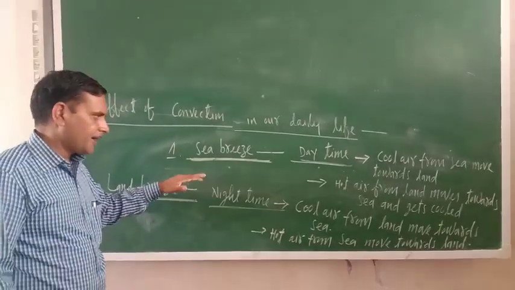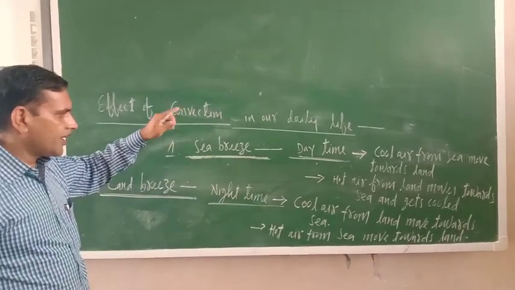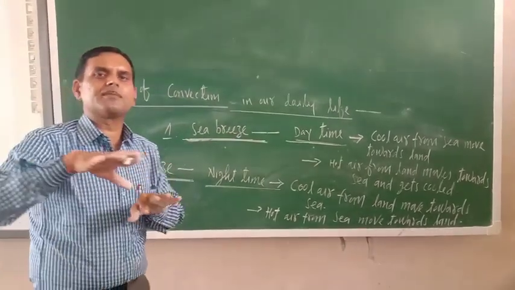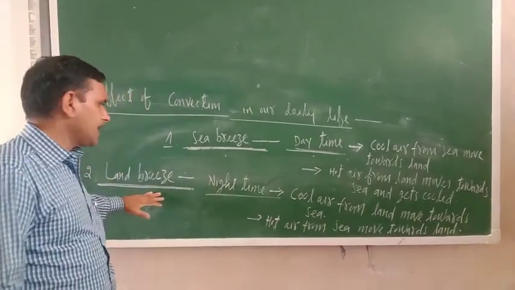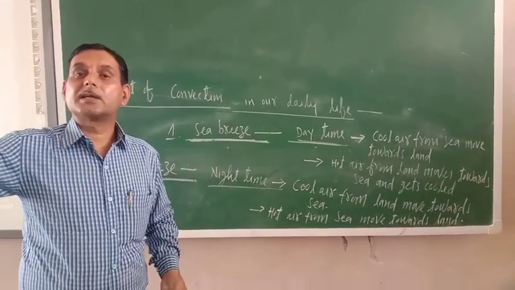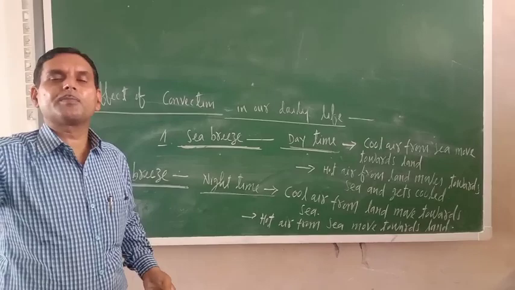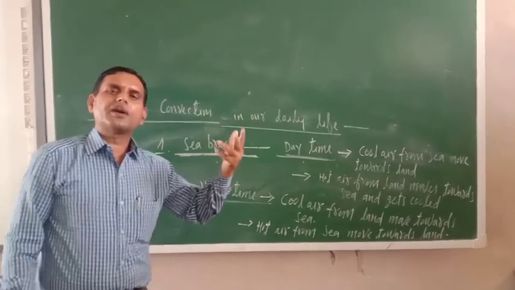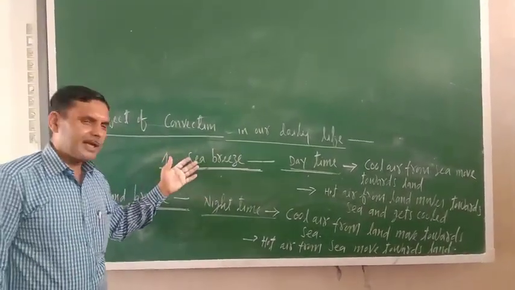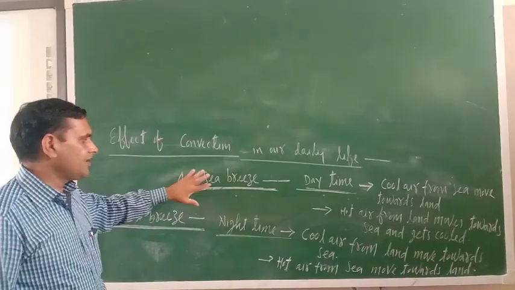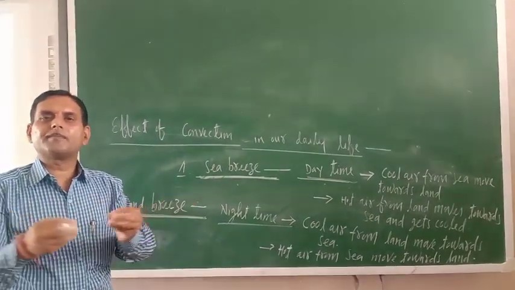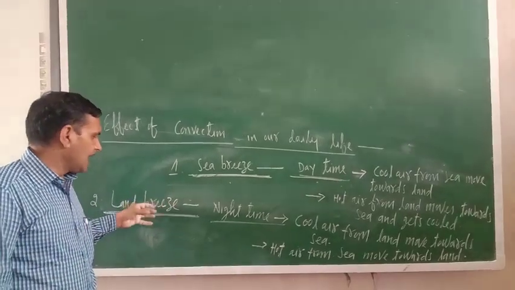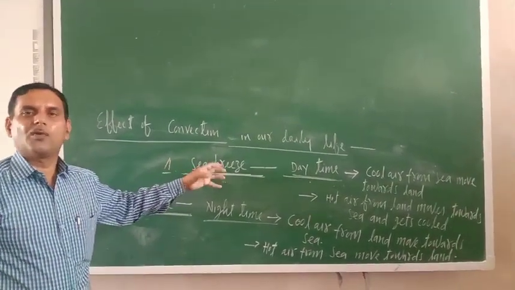Sorry dear cadets, actually in night, sea water temperature would be more. So what I want to convey to you is that basically this sea breeze and land breeze occurs because of the temperature difference of the land and sea water.